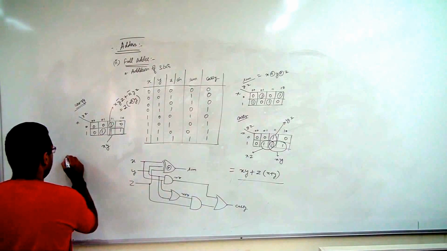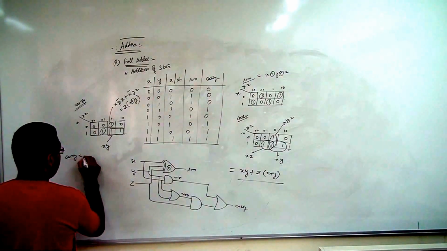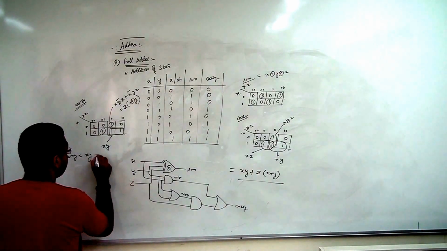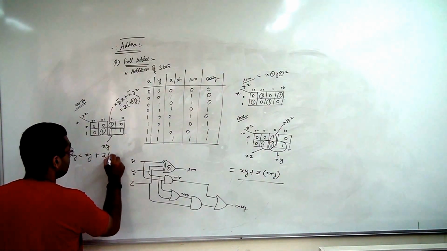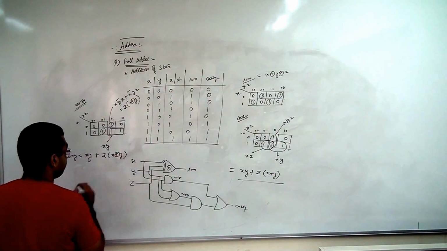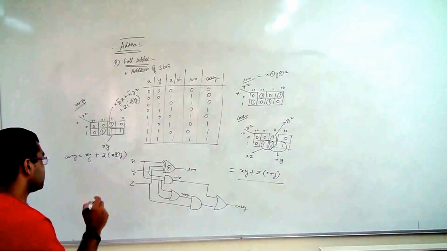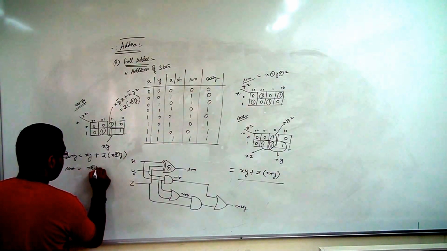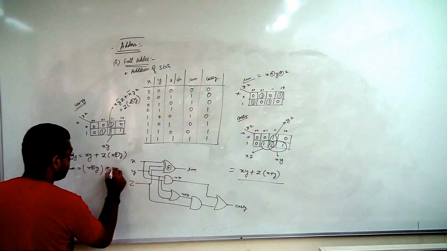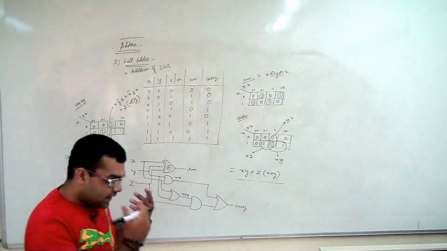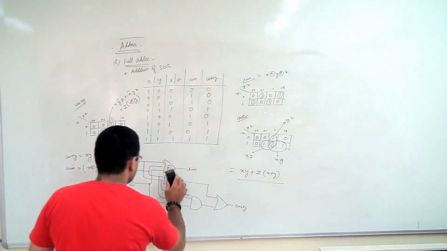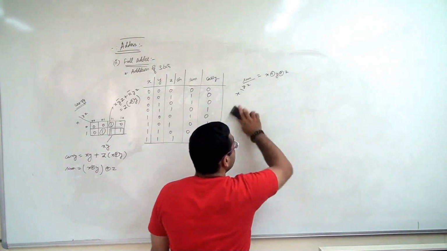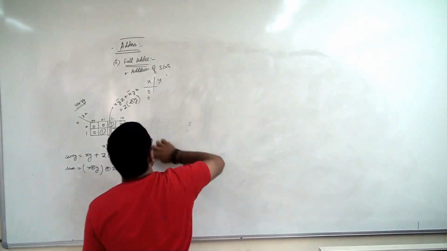So my actual carry will come out to be xy plus z into x XOR y. Some I will take as such. Some I will take x XOR y and then XOR z. Now why I have modified this circuit you will come to know in a little while. See how, or rather what effect it has on writing this function in this way.